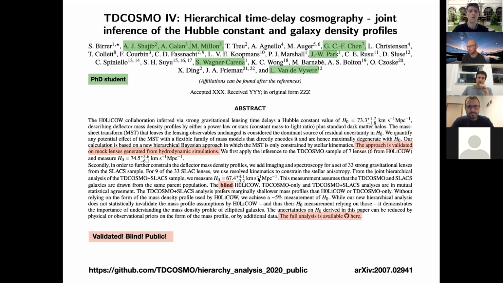And what I want to highlight here from the abstract is the contribution from the PhD students that I worked with. This is the first time that we validate our approach on hydrodynamical simulations that we generate and then effectively run the same inference on those.